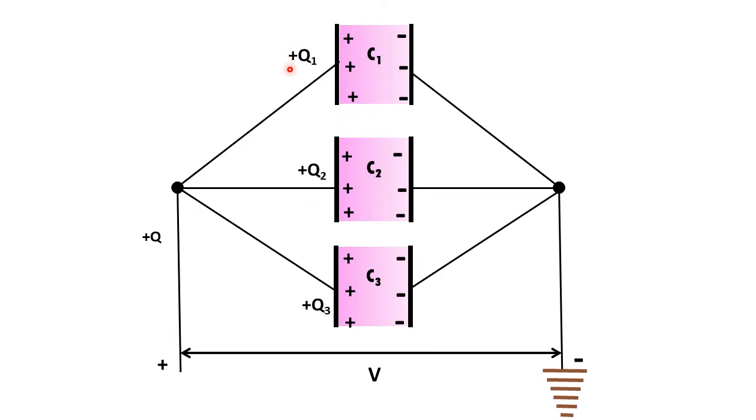Let Q1 be the charge accumulated across the plates of this first capacitor C1, Q2 across C2 and Q3 across C3, then the total charge drawn from the battery Q will be equal to Q1 plus Q2 plus Q3. Q is equal to Q1 plus Q2 plus Q3.